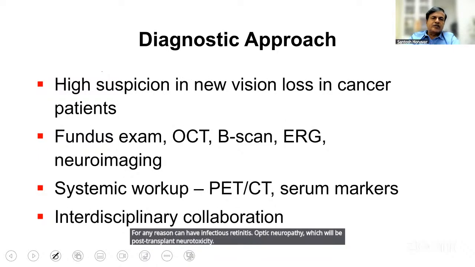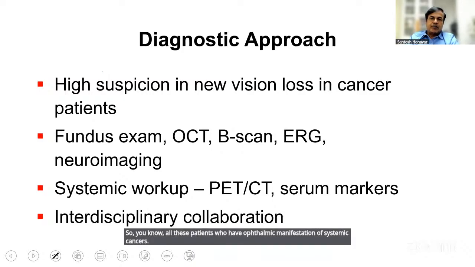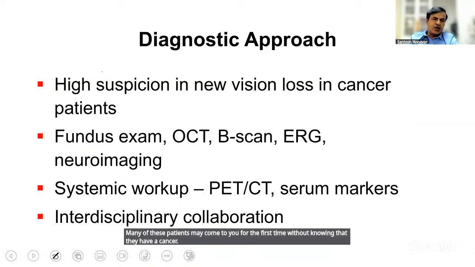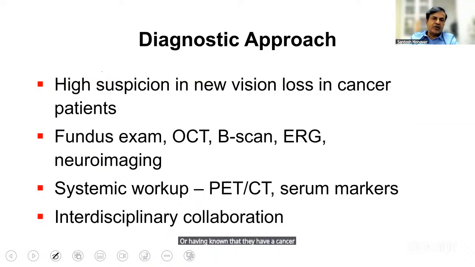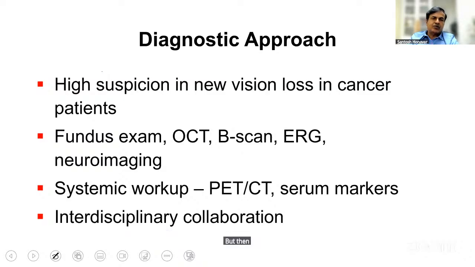So in all these patients who have ophthalmic manifestations of systemic cancers, many of these patients may come to you for the first time without knowing that they have a cancer, or having known that they have a cancer, having been cured of it, they may not give you the history properly, but then they may come to you with ophthalmic manifestations. So you should have a very high index of suspicion and take appropriate history to uncover the presence of a malignancy.